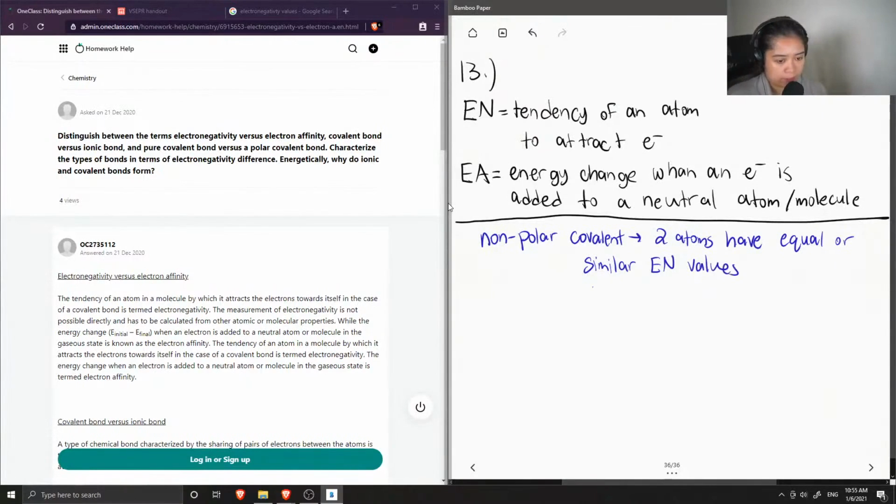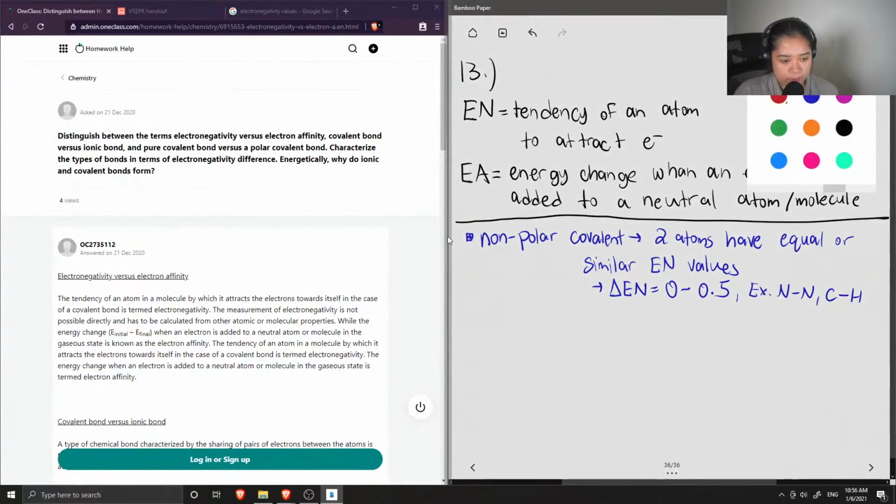And in terms of electronegativity difference, for nonpolar covalent bonds, the range can range from 0 to 0.5. Some examples are diatomic molecules such as nitrogen-nitrogen, so N2, or even the carbon-hydrogen bond, which only has an electronegativity difference of 0.4.